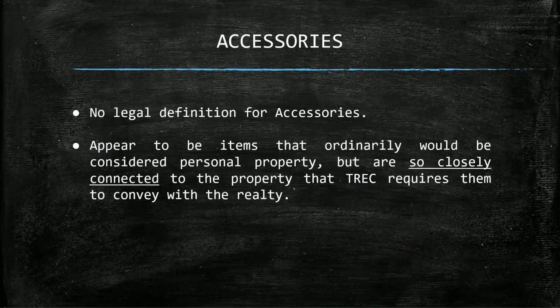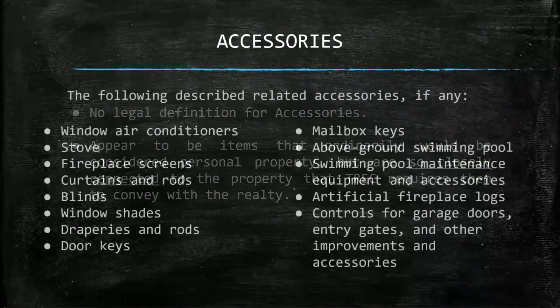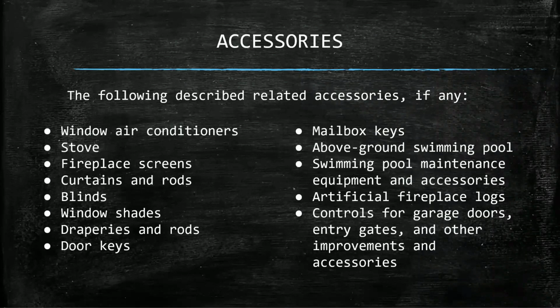And it appears that what they're talking about are items that ordinarily would be considered personal property and therefore not part of the real estate. But these particular items are so closely connected to this property that Trek is going to require them to convey along with the realty. And they give us some good examples right in the contract.